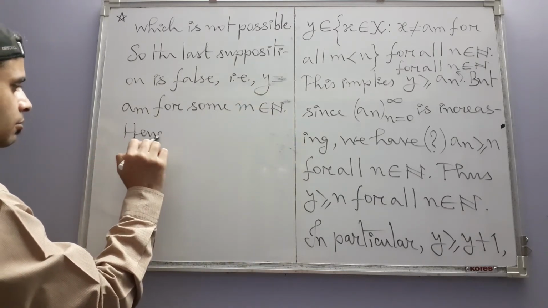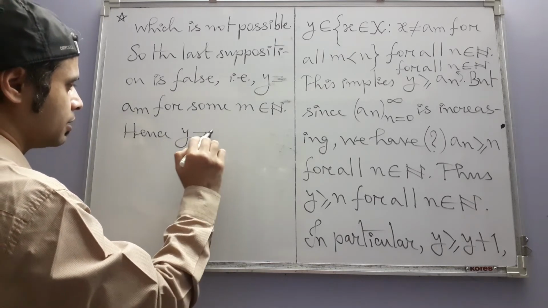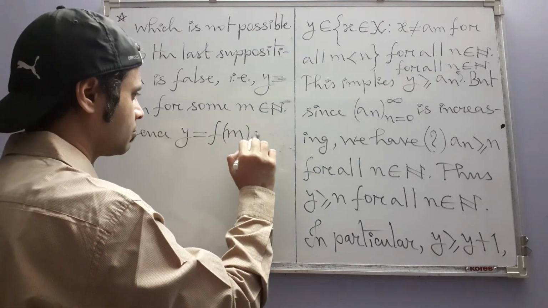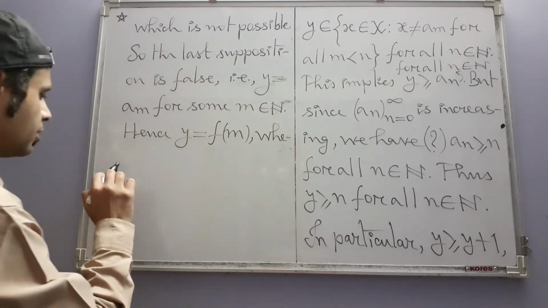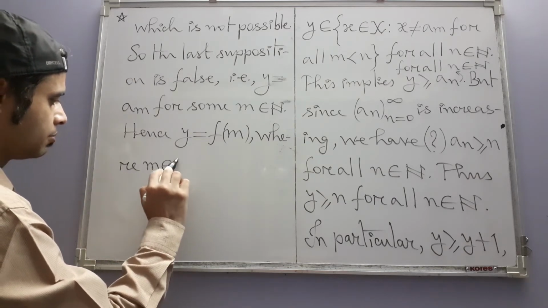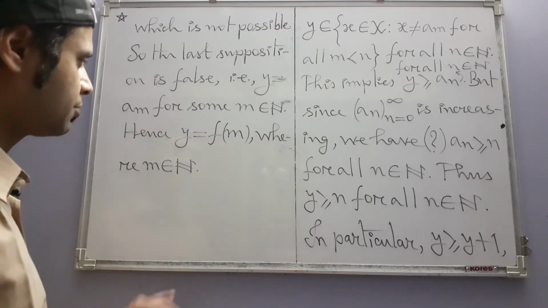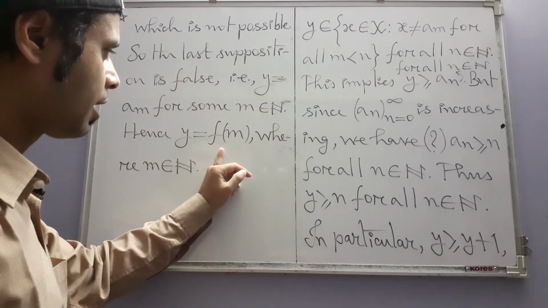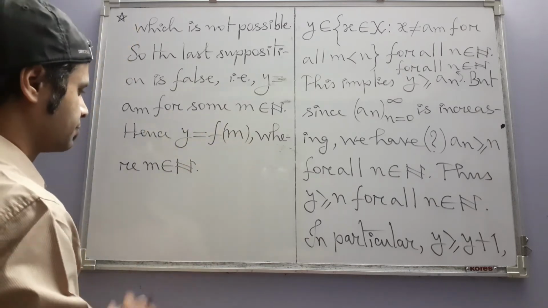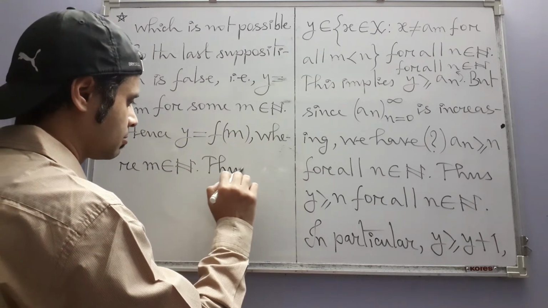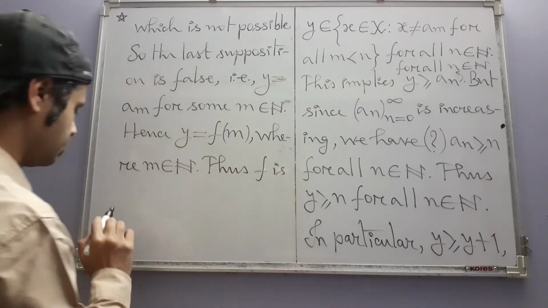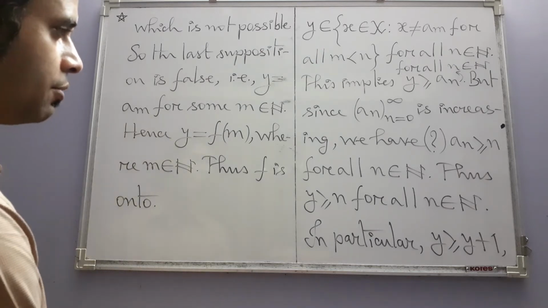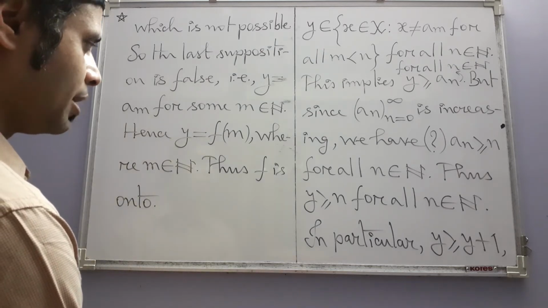Hence y is equal to an, which is f of n, where n is a natural number. So we have now shown that any element y in our set capital X is an output for some input. Thus f is onto. So being one-to-one and onto, f is a bijection.